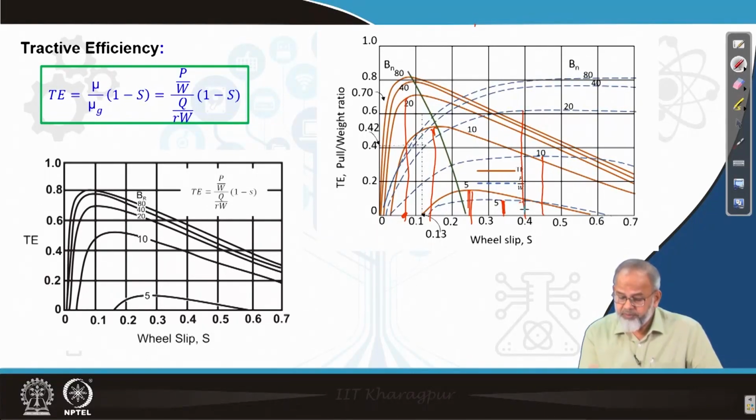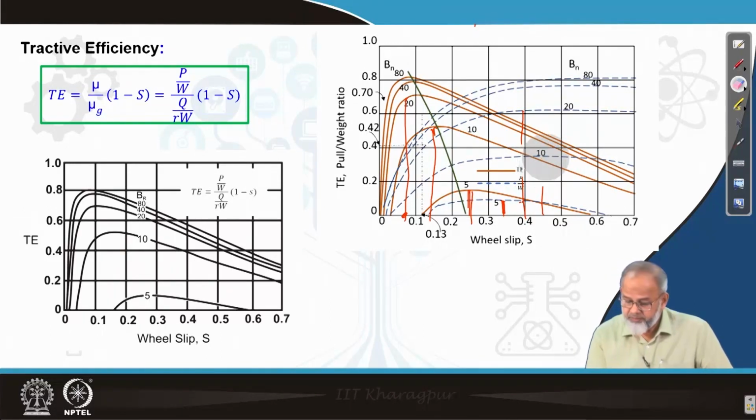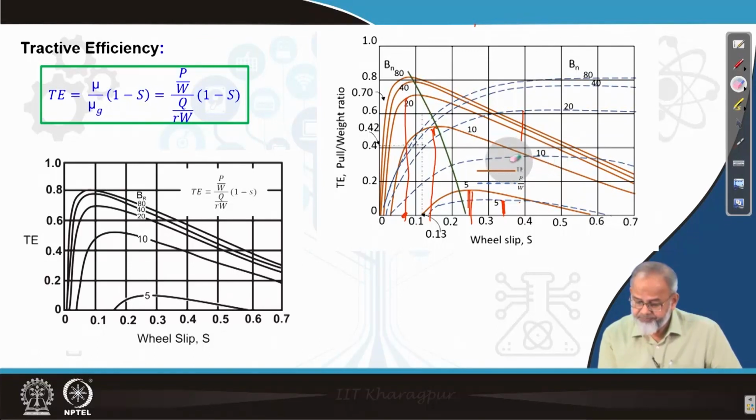In case of 20, you are getting here. Sorry, in case of 10, you are getting here somewhere. So, that means the slip at which you are getting maximum tractive efficiency and the slip at which you are getting maximum pull, they are not matching.